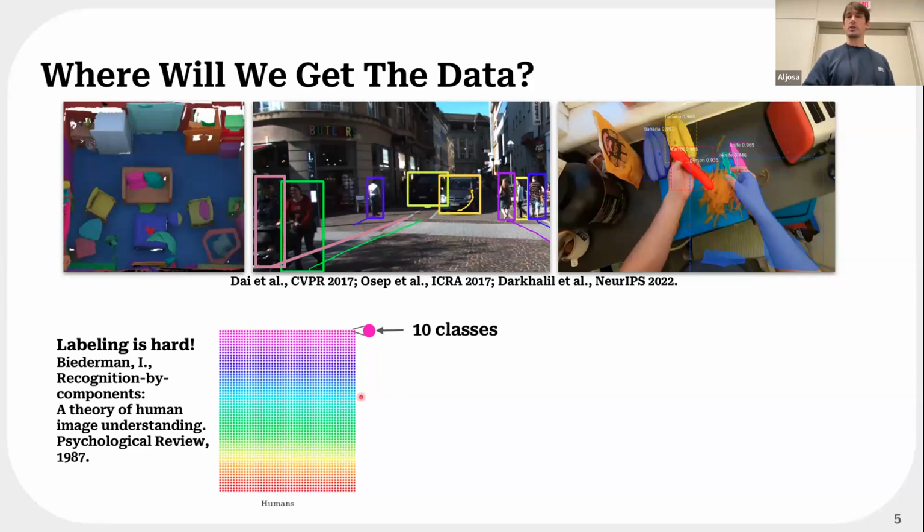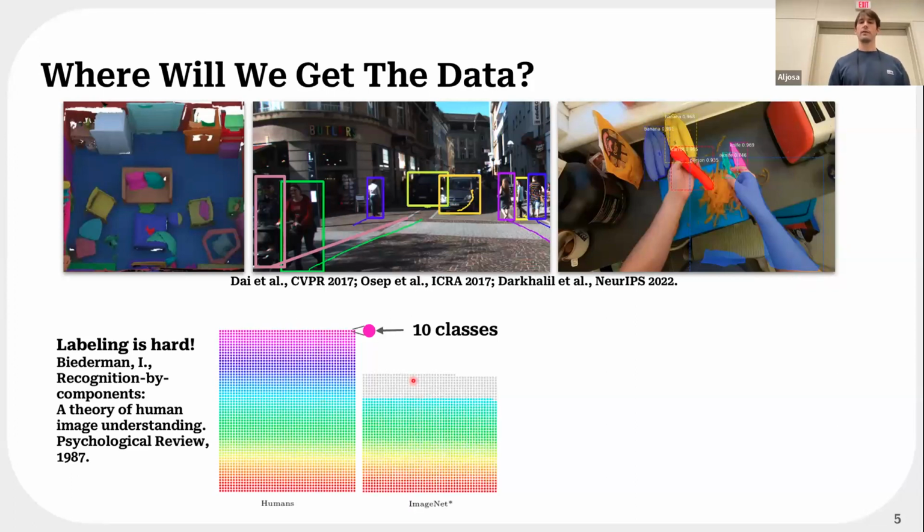In ImageNet, we actually cover quite many semantic classes. We have image-level labels for a large number of classes, but this is not what we really need in robotics, right? In robotics, we have to understand the 3D structure of objects. We have to understand how they move and how we can physically interact with them to achieve a certain goal.